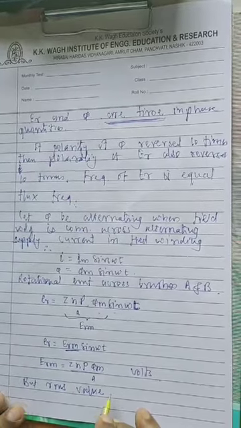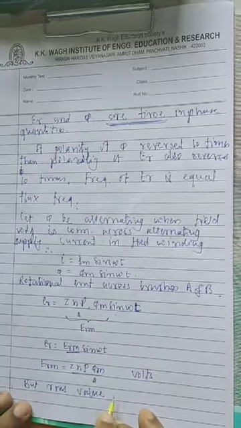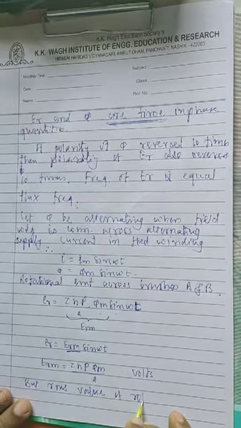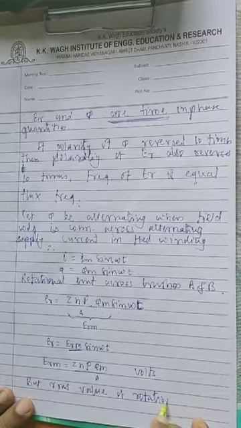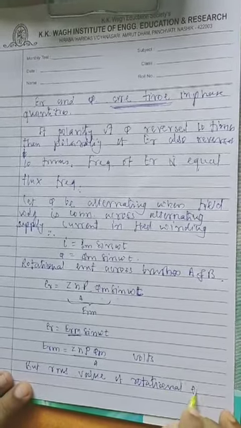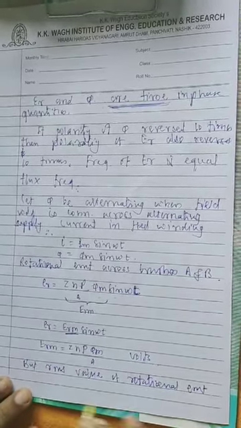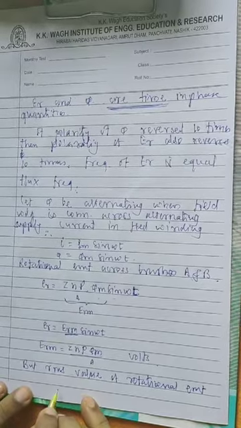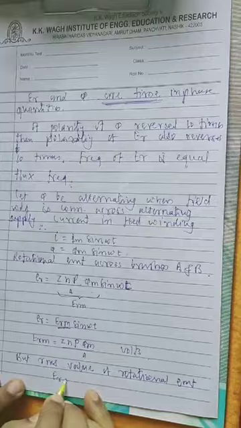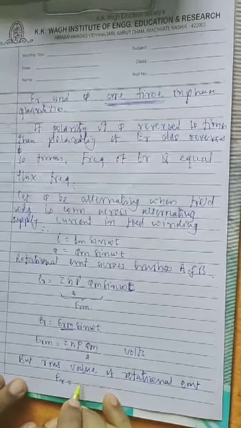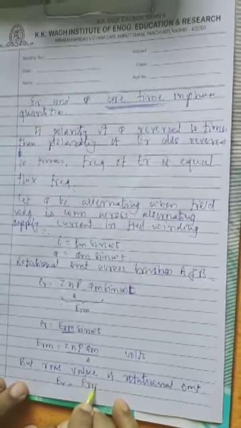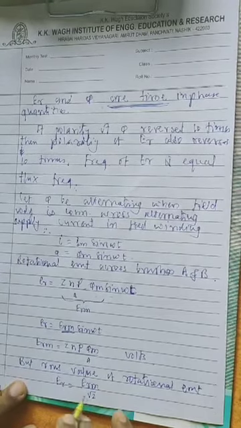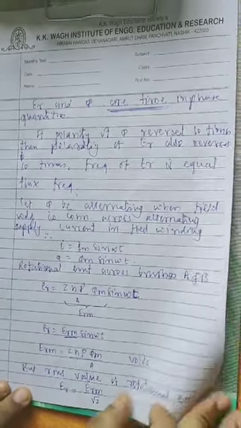But RMS value is maximum value divided by root 2. So ER, RMS value of rotational EMF, is equal to maximum value ERM divided by root 2.